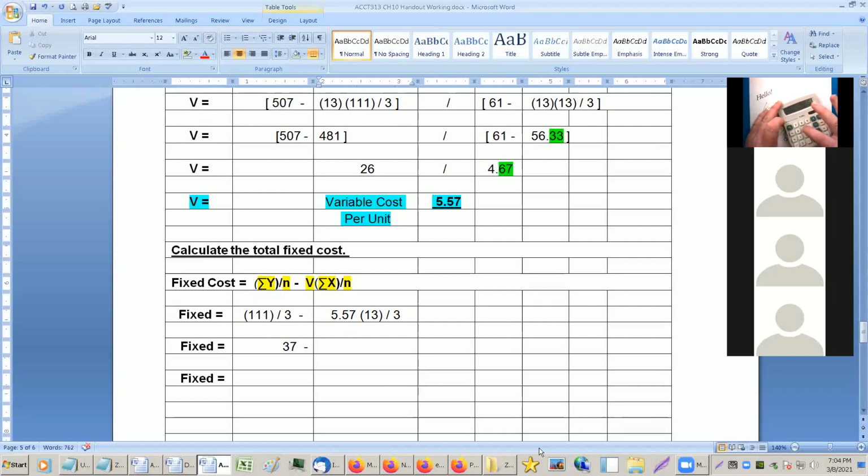So 5.57 times 13 equals that, divided by 3 equals yuck. 24.14. So 37 minus 24.14. $12.86.